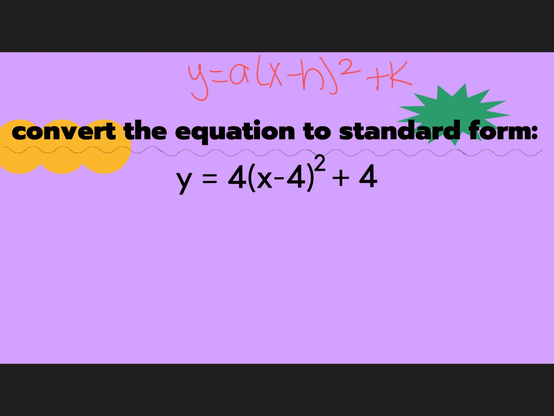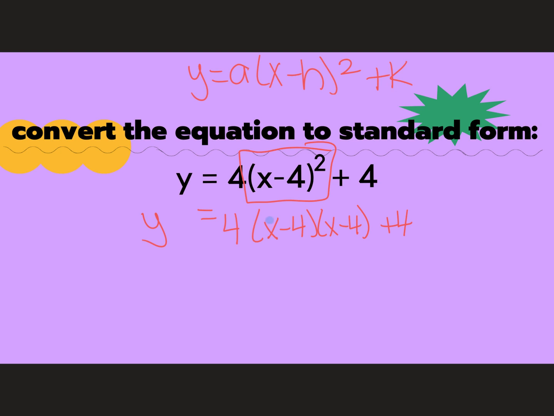So the first thing I'm going to do is I am going to expand this out. So I'll have 4, right? And then (x minus 4) squared is just my (x minus 4) written 2 times. Now I'm going to use my FOIL method.